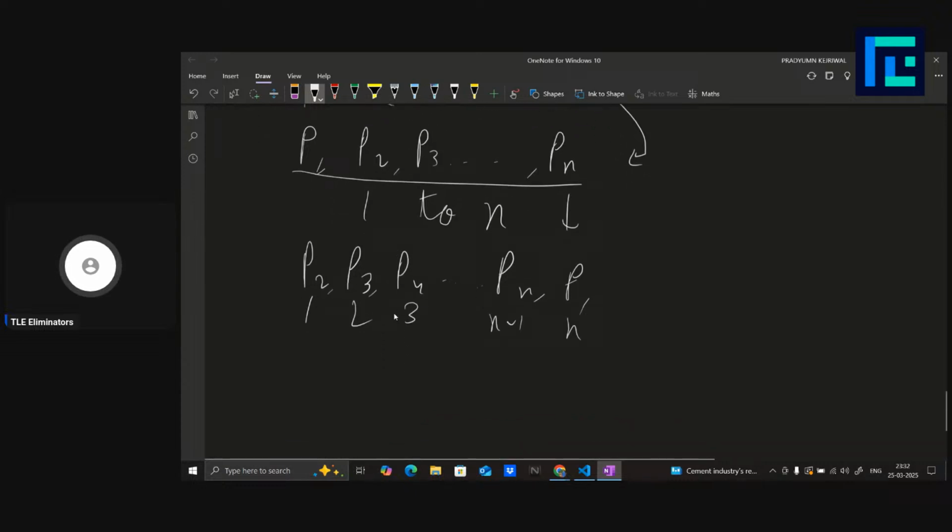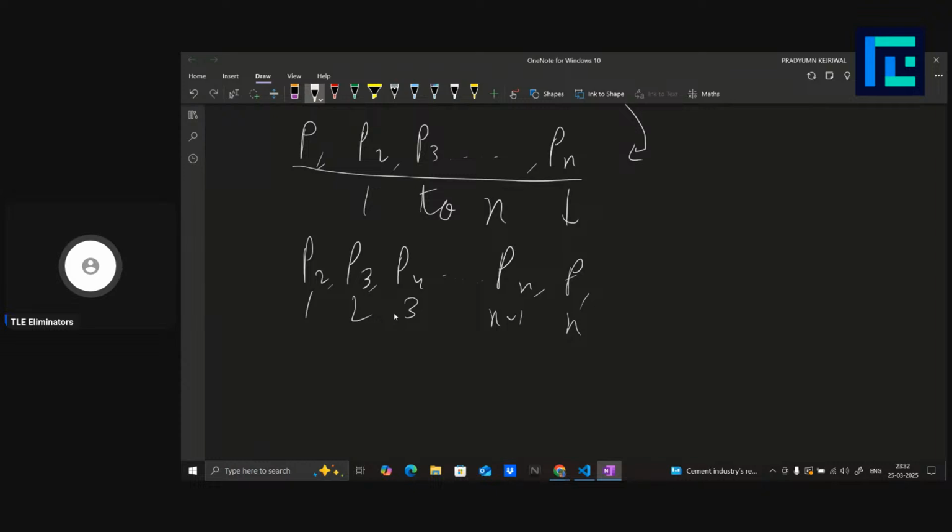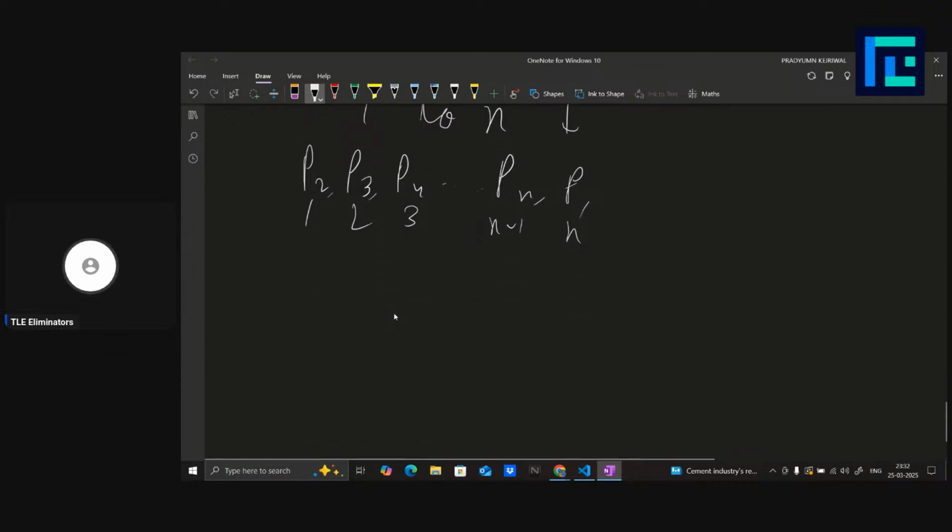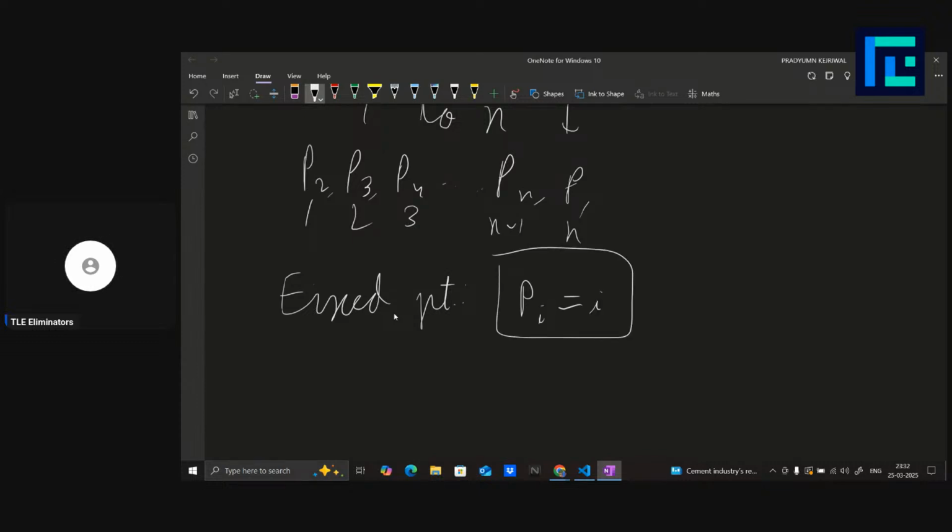So the problem says that you have to print a permutation for which in each cyclic shift there is exactly one fixed point. And what is a fixed point? A fixed point is any index i such that p of i equals i.